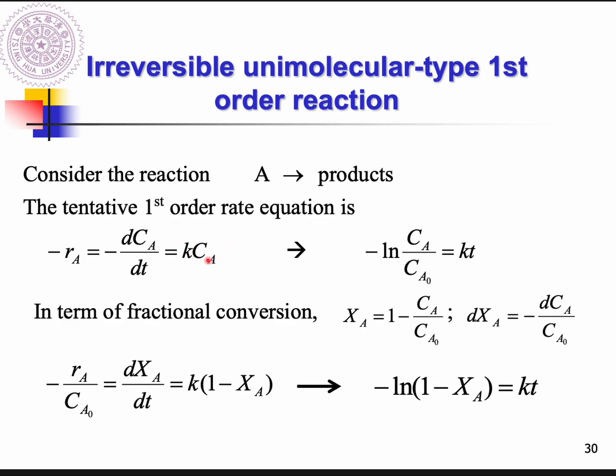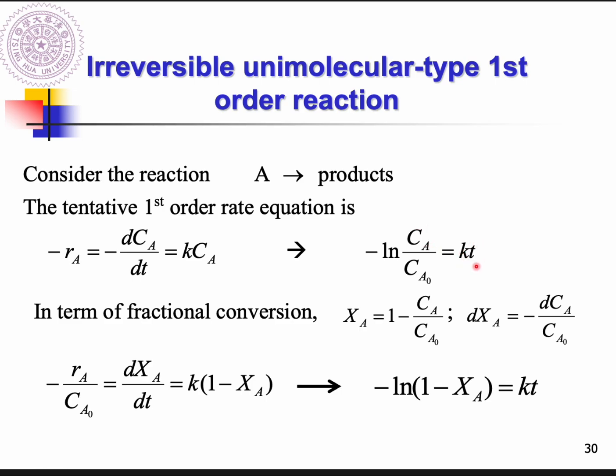You simply move the CA to the left-hand side and dt to the right-hand side, and take the integral on both sides. For the time, you integrate from 0 to t. For the concentration of reactant, you integrate from CA0 to CA. Then you will get this rate equation in terms of CA and t.